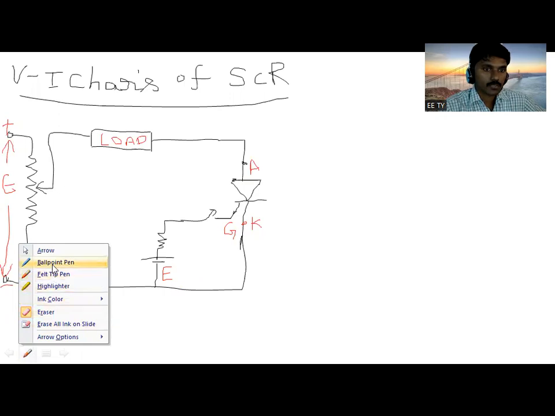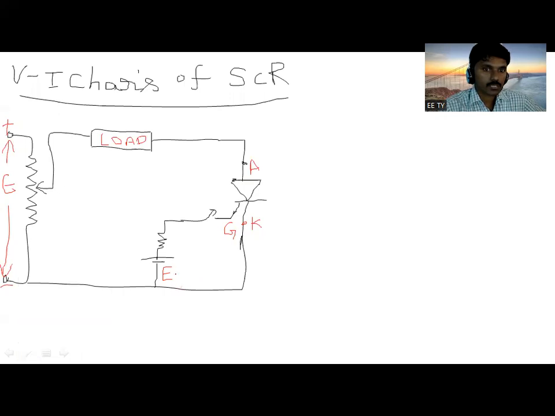Please, all of you listen very carefully, online students. This is E_G, which means gate voltage. This is variable. So by varying this one, which voltage is varying?